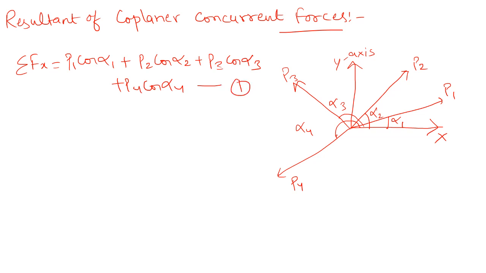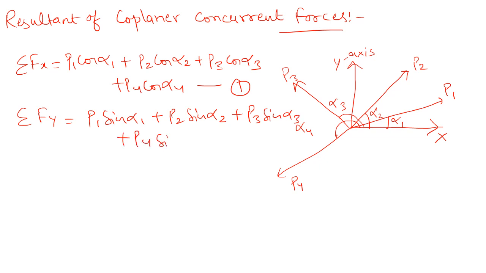Let us suppose this is equation 1. Similarly, you can find Fy: P1 sin alpha 1 plus P2 sin alpha 2 plus P3 sin alpha 3 plus P4 sin alpha 4. So this is equation 2.